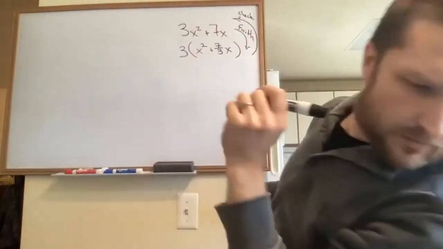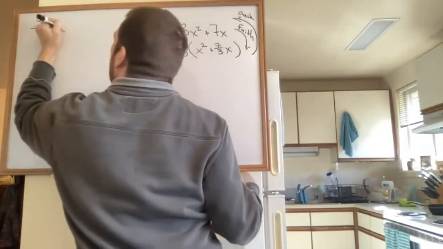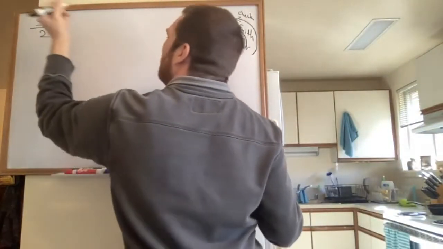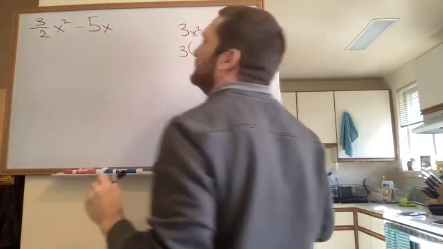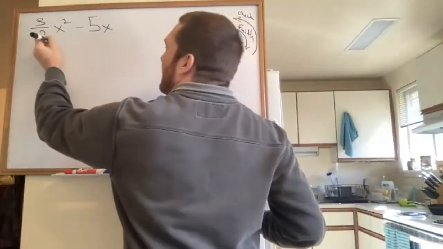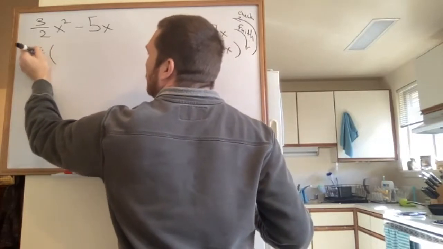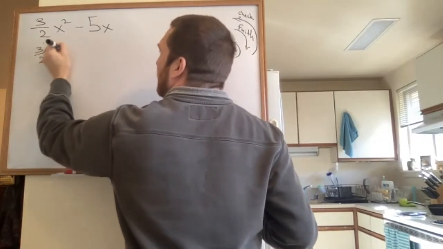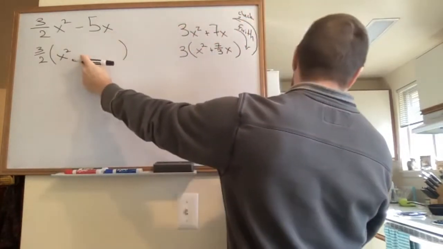So what did I want to do? It was 3/2 x squared. And we've been using pluses. Let's do a minus. Let's do a minus 5x. Okay. I'm going to factor out that leading coefficient, 3/2, to give me x squared. What sign am I going to have here?